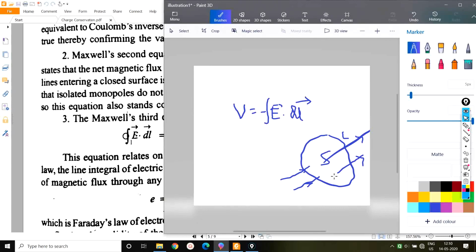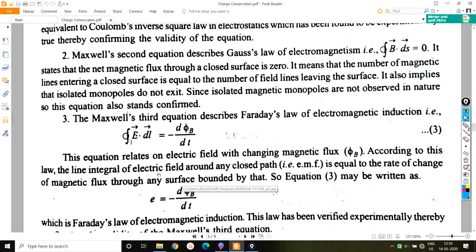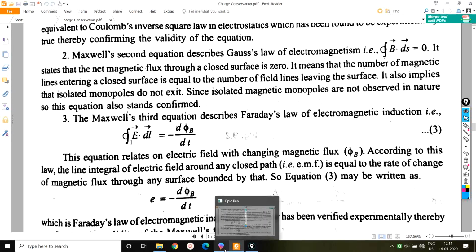The line integration of electric field over this closed path is equal to the negative rate of change of magnetic flux through any surface bounded by it.